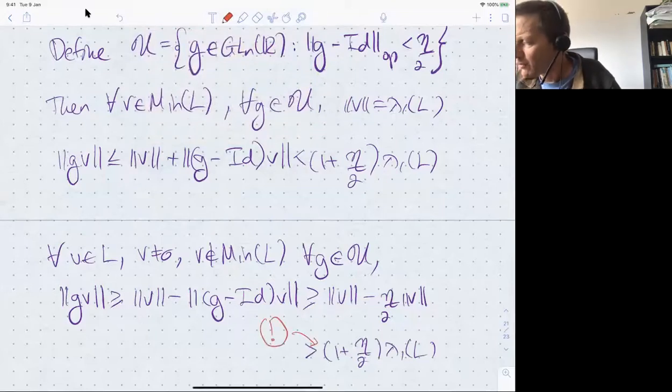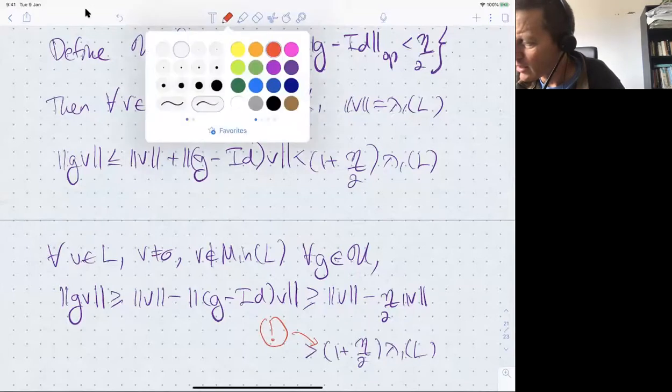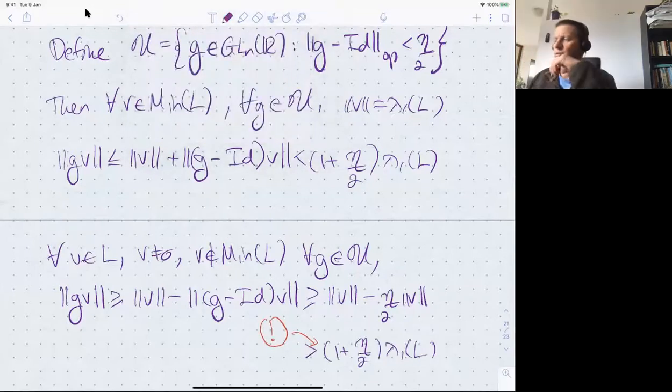But in any case, I can choose this eta. What am I proving? I'm choosing this quantity small enough so that vectors which are minimizers only grow by a small amount, and vectors which are not minimizers are too long. This length is bigger than 1 plus eta, and they become smaller by their operator norm times their length, and they can't become smaller than this amount.